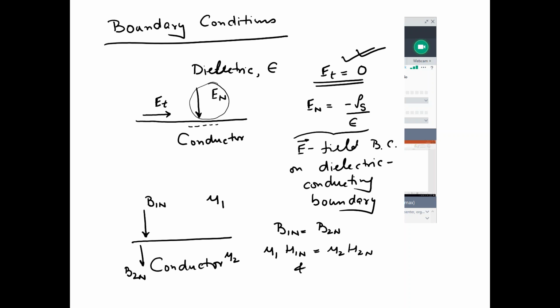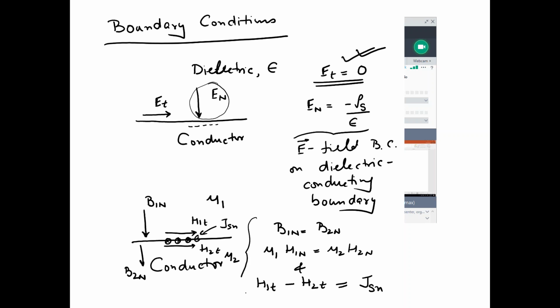And H1 tangential minus H2 tangential is going to induce a surface current which is going to flow on this conductor. The tangential components of the magnetic field are going to induce a surface current which is going to be 90 degrees to this magnetic field.